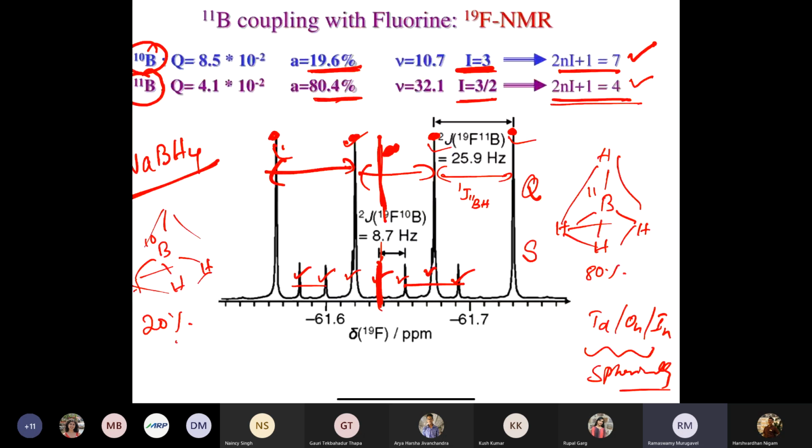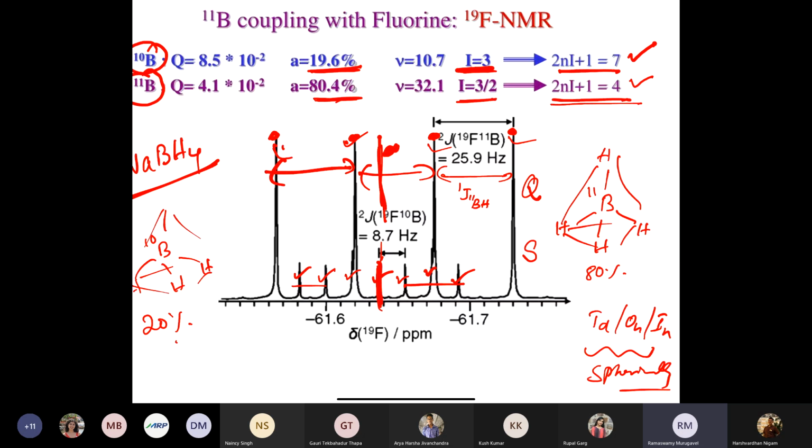So you may take sodium borohydride from a bottle, put it in the NMR tube and dissolve it, and say that you're getting the NMR of one compound, but in practice it is 2 different compounds. It's BH4, but the isotopomers are different.